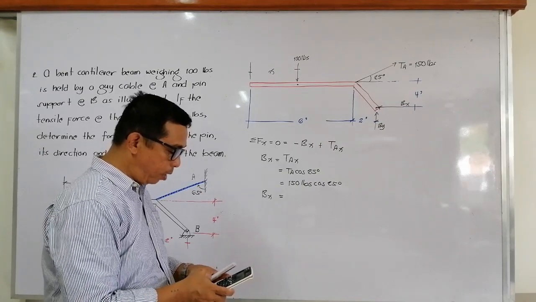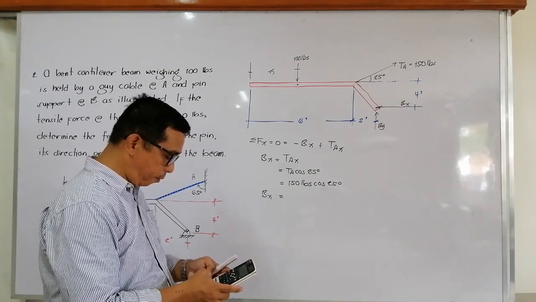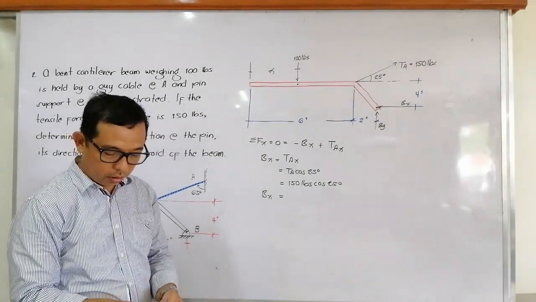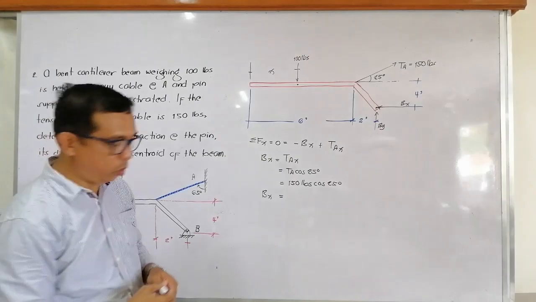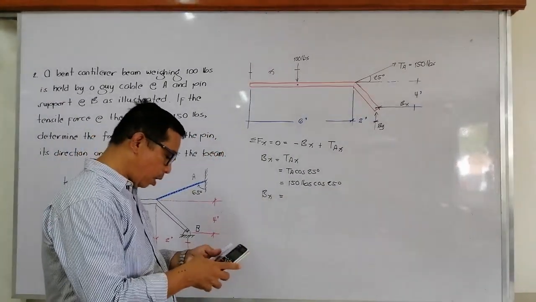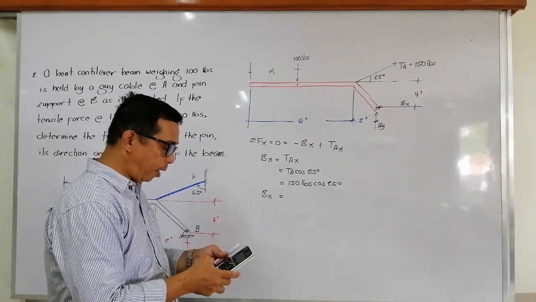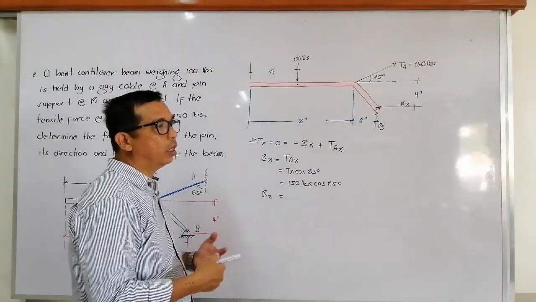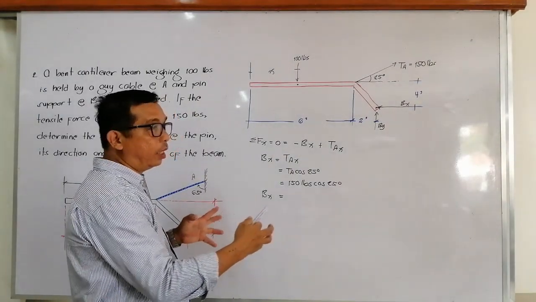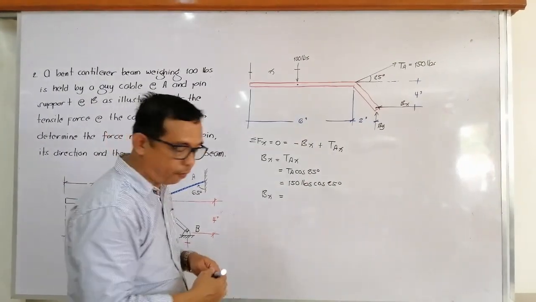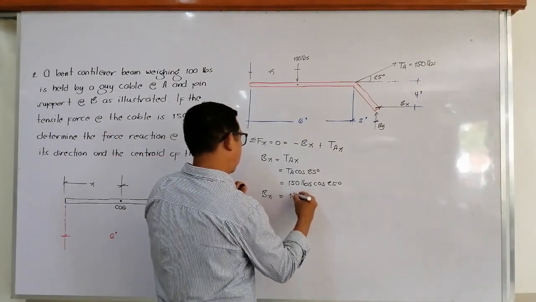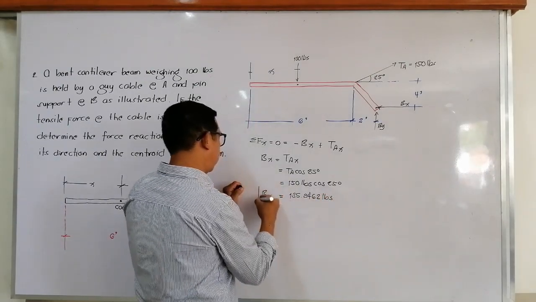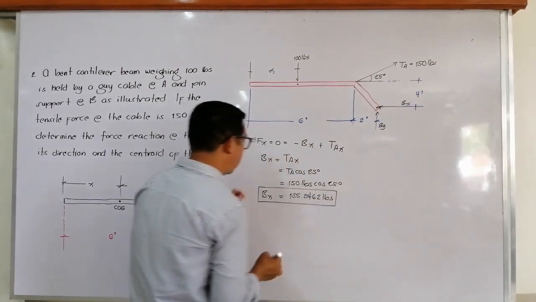That would be 150 multiplied by the cosine of 25, and that gives us 135.9462. Let me repeat, double check: 150 cosine 25 is 135.9462. We will not round off yet, but for convenience, four decimal places, 135.9462 pounds. Okay, we got Bx.